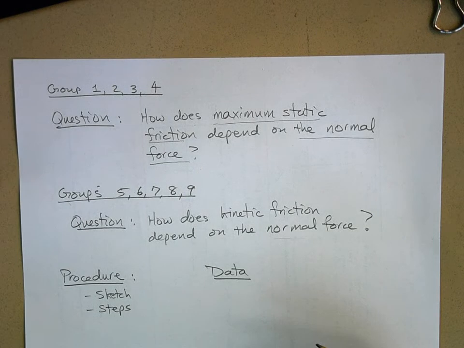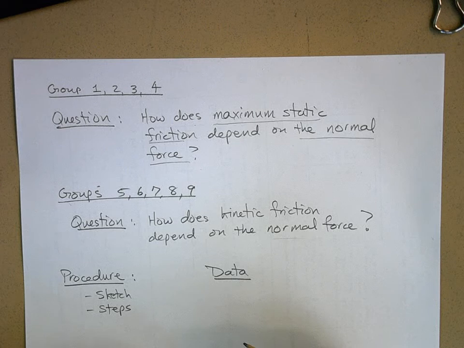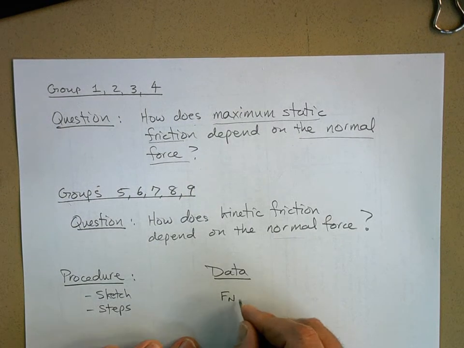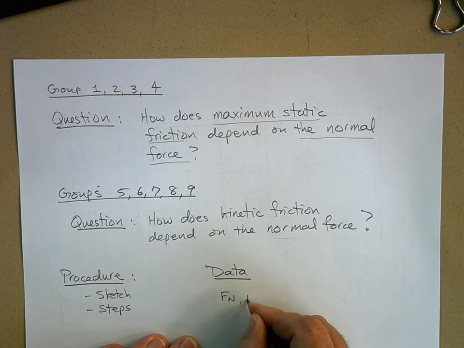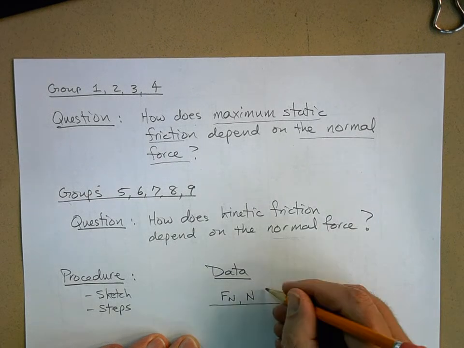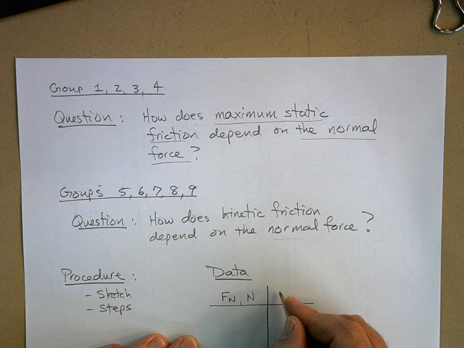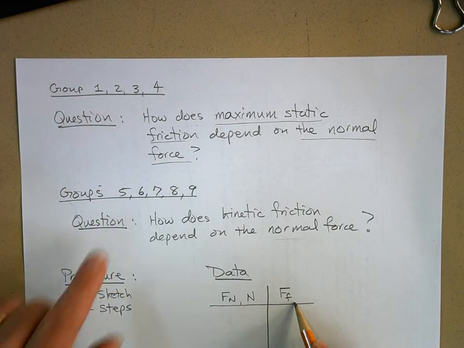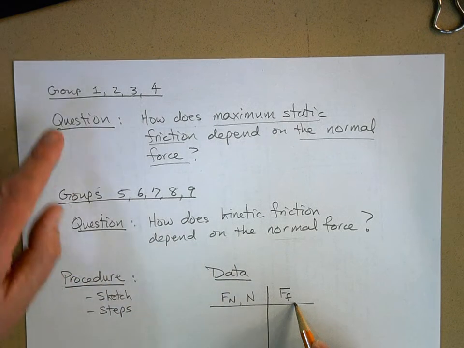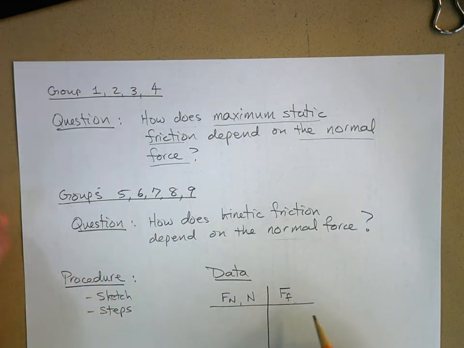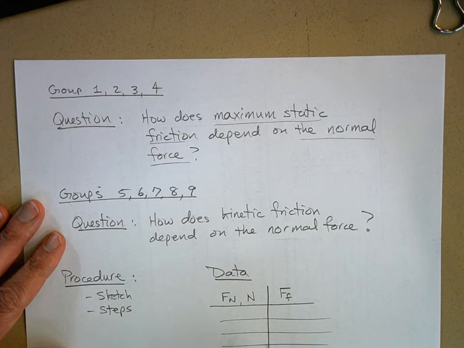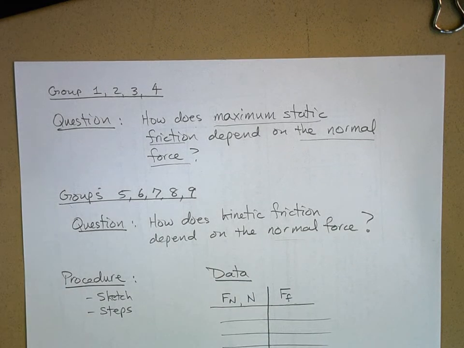Then you can write up how you collected that. We want to know what the normal force is in newtons, and we want to measure the force of friction. Put a K if you're in groups 5, 6, 7, 8, or 9. Put an S if you're in groups 1, 2, 3, and 4. And I want at least 4 different measurements made.